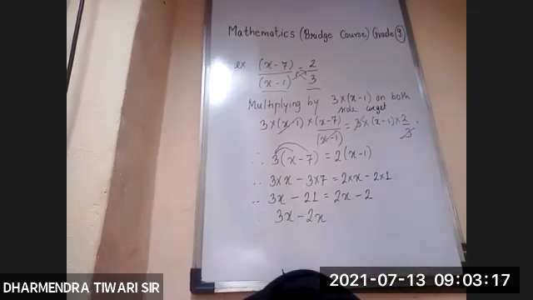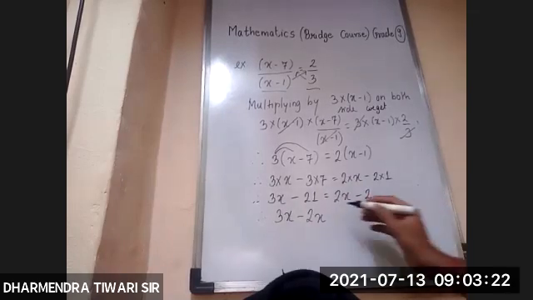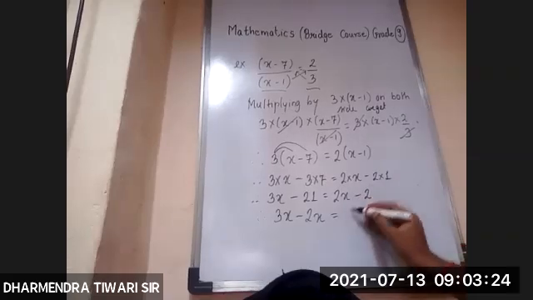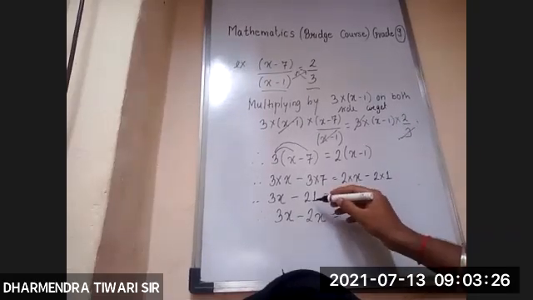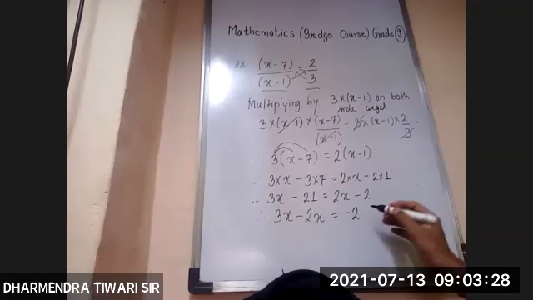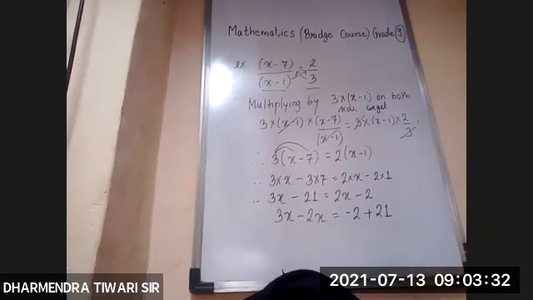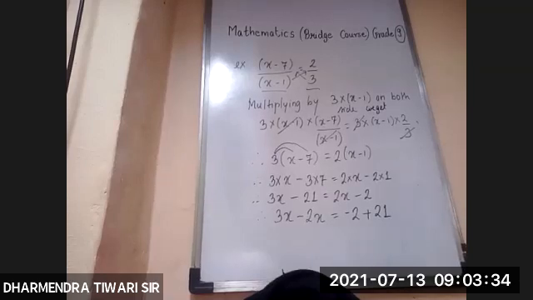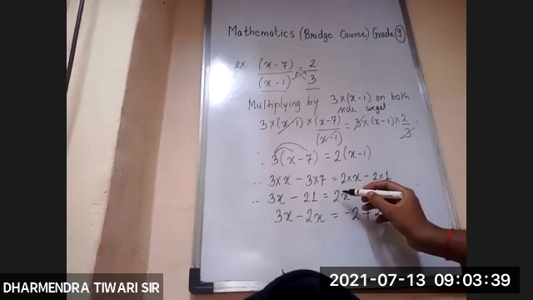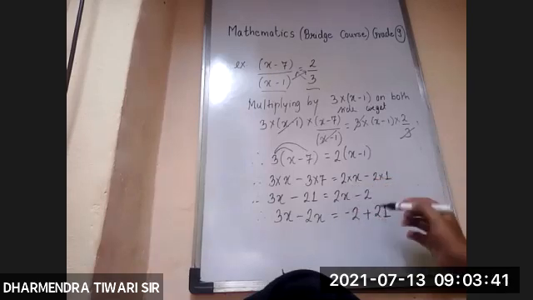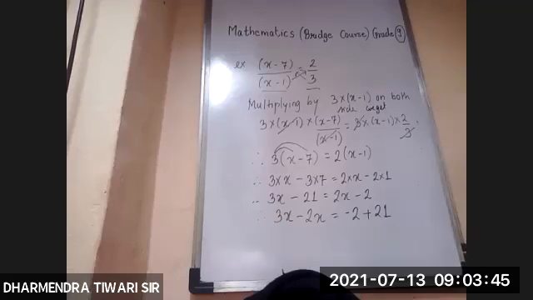Or by subtracting 2x on both sides. Hope this step is clear. And taking this 21 to the right hand side, it is of the form plus 21. If you have not understood this step, then subtract 2x on both sides, first step. After that, one more step, adding 21 on both sides.